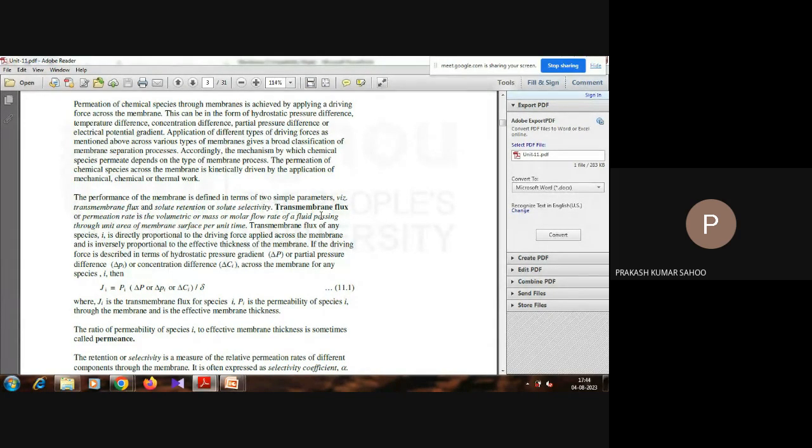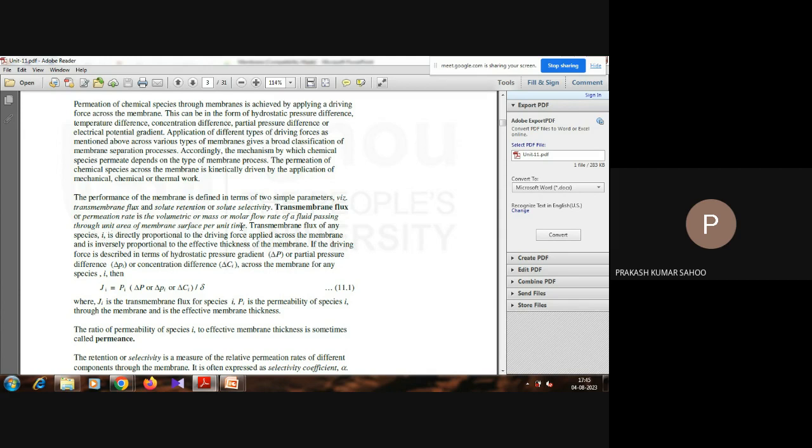Transmembrane flux is the permeation rate, that is, the kinetic flow rate of the different components of a mixture through the membrane. It is known as the permeation rate. It is the volumetric, mass, or molar flow rate of the fluid passing through unit area of the membrane surface per unit time.